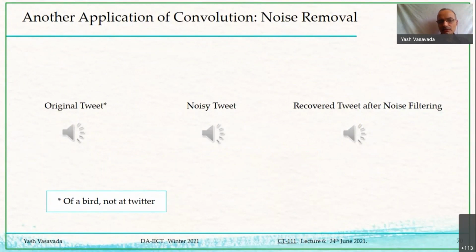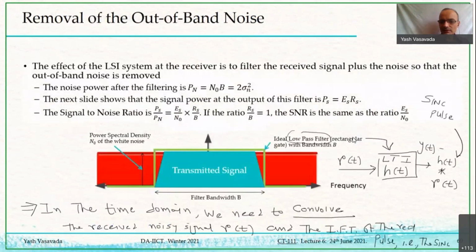you can't make out that there is any bird here. And then the last one is obtained by doing this. I took the bird's tweet with a lot of noise, and I passed it through this SINC filter, SINC pulse. I convolved it, simply just convolved it in MATLAB.